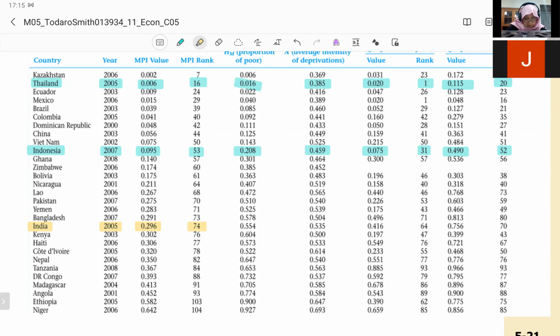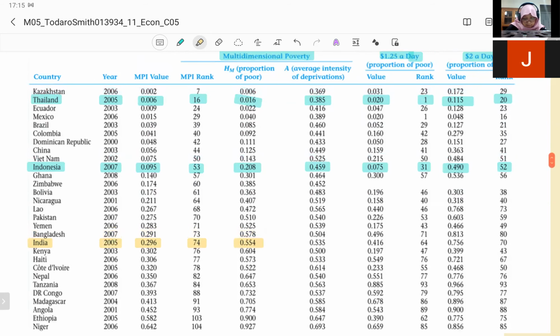Their headcount index is 0.55. Their average intensity of deprivation is 0.53. And the proportion of the poor 0.4 here, rank 64. And the proportion of the poor with $2 index is 0.7. And the rank is 70.